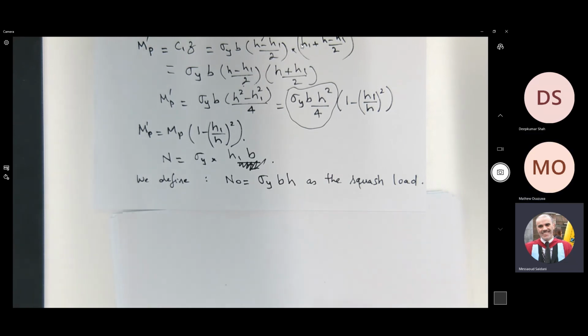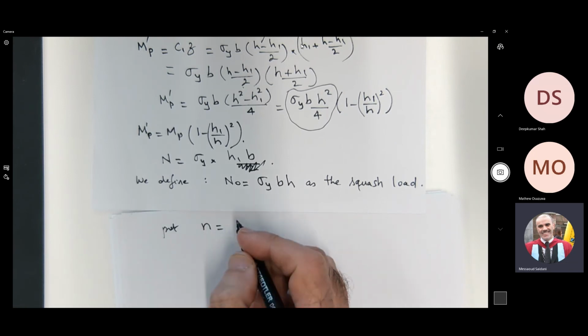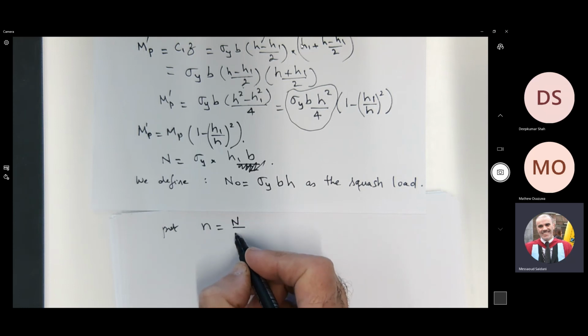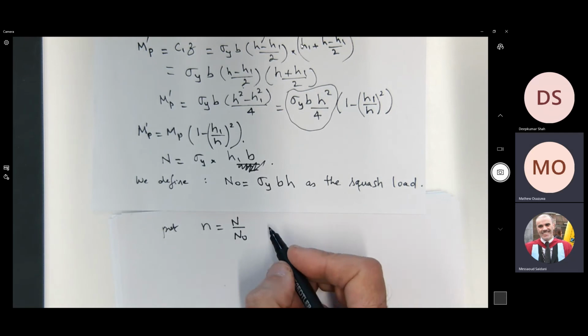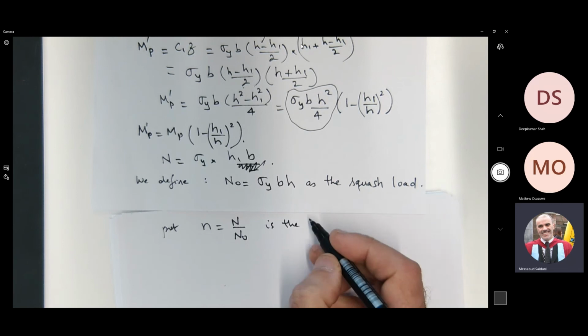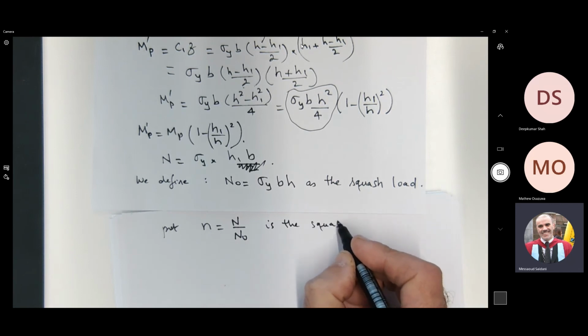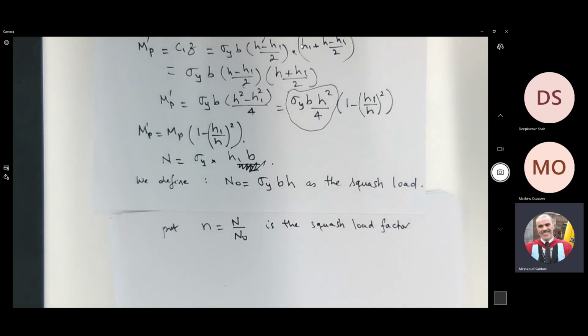Now we define n as the ratio of N over N0. So n is N over N0. This factor is what we call the squash load factor. In other words, it gives us what percentage N is in relation to N0.